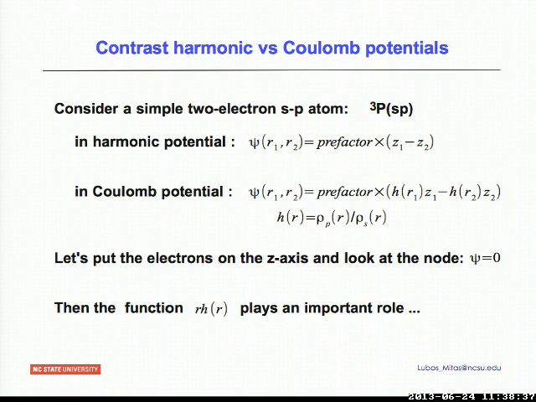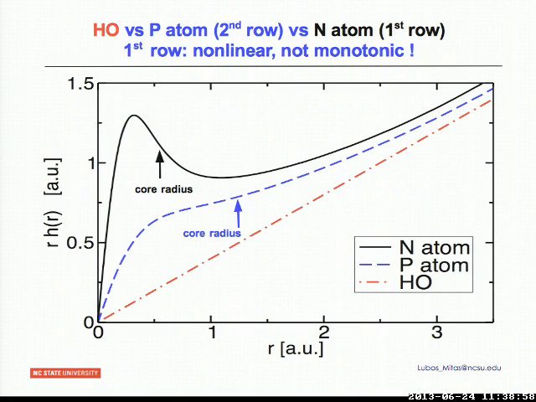So where is it? You consider the following atom, harmonic potential or Coulomb. You can write 2 electrons in this sp atom like this, and you look for the node. And note this function, RHR, which is the ratio of the radial S and P parts. And you find this.